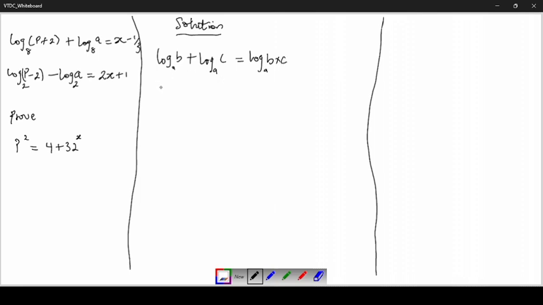And if we also had log of base a to a number b minus log of that same base a to a number c, it's equal to log of that base with b as the numerator and c as the denominator.